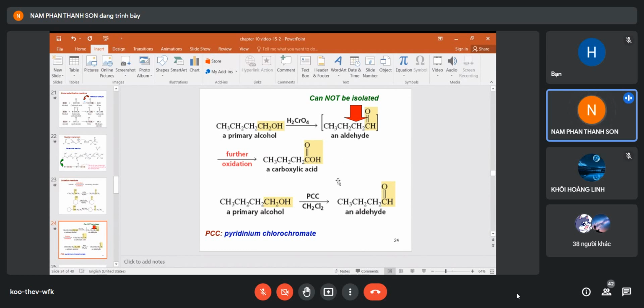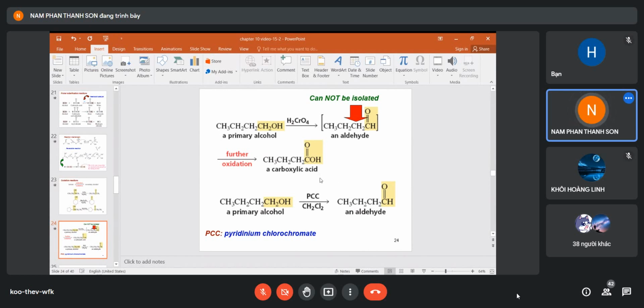If you want to get the aldehyde, you need to use a soft oxidizing agent, and that is PCC, pyridinium chlorochromate in dichloroethane. Everyone take note.